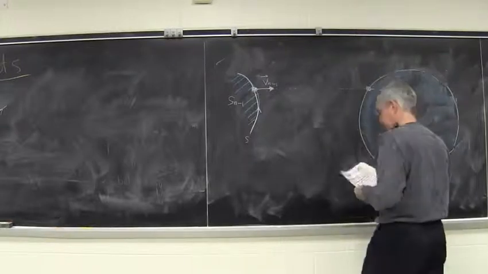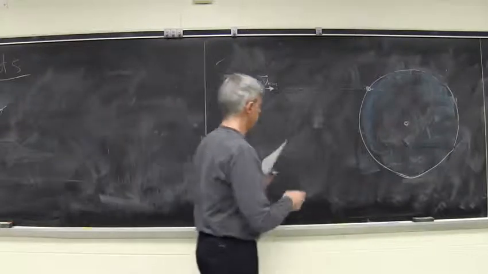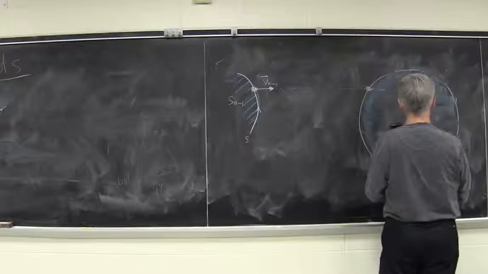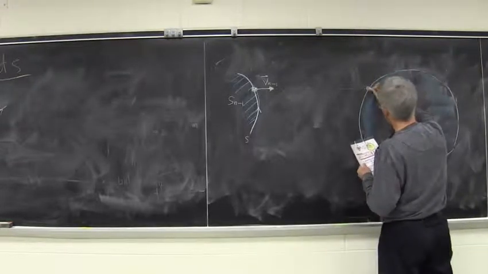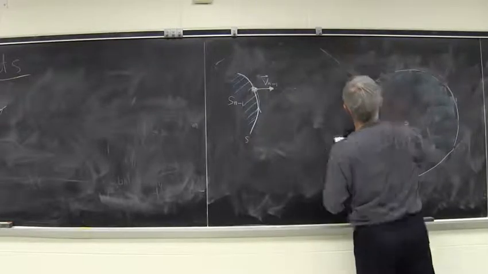it reflects here, and to see how it reflects, I have to draw the line that connects the center of the disk at time n. That's a symmetry line.